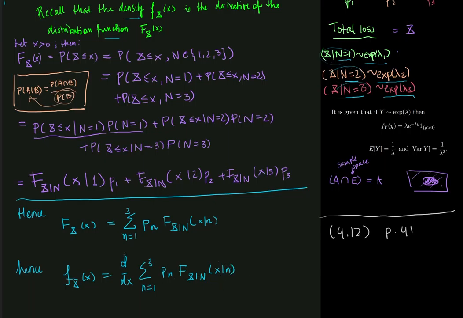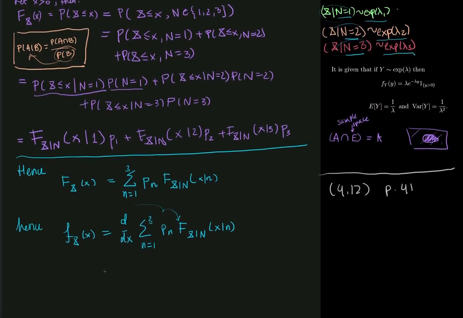We can take the derivative inside the sum, past the constants, and what we have is the derivative of the conditional distribution functions, which is equal to the conditional density function.